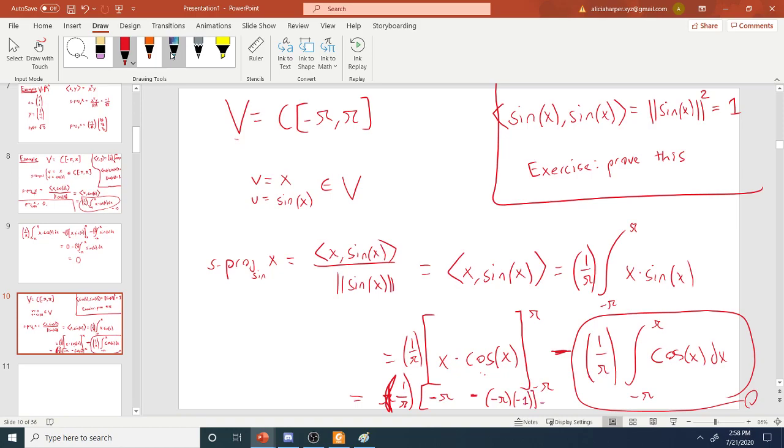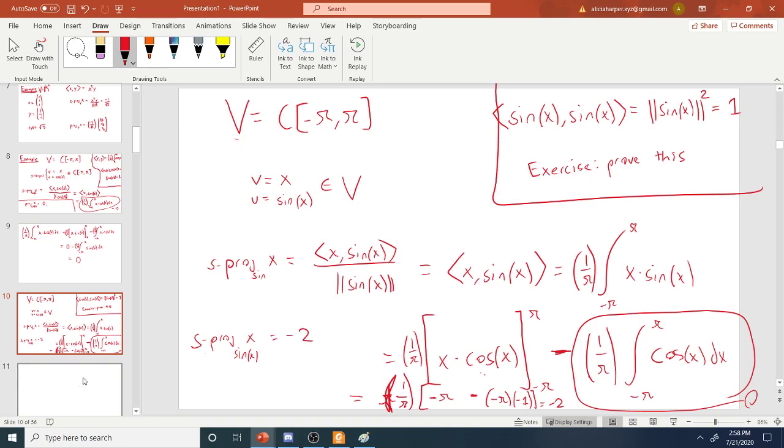So this just ends up being equal to, after figuring this all out, negative 2. So we compute that the scalar projection of x onto sine of x is equal to negative 2.